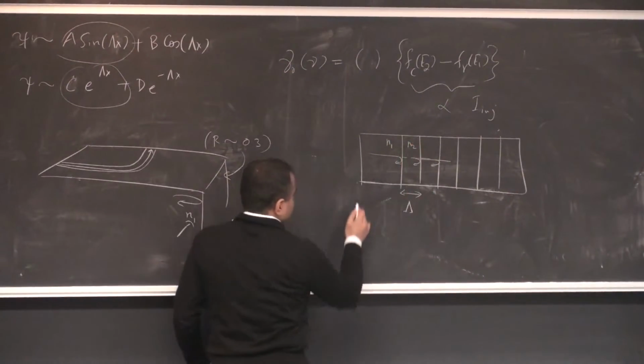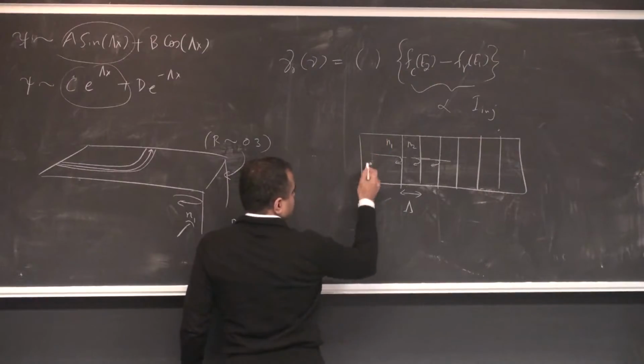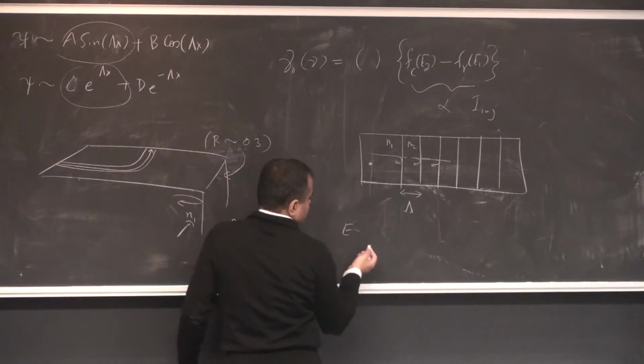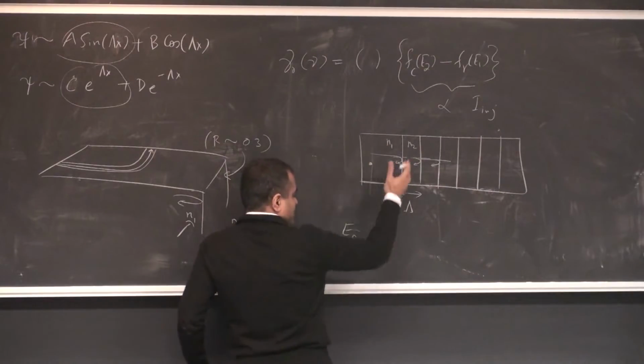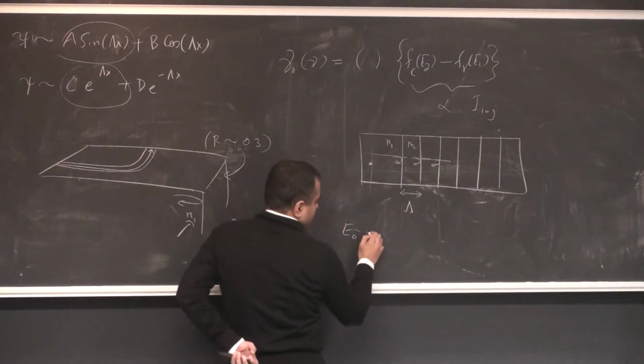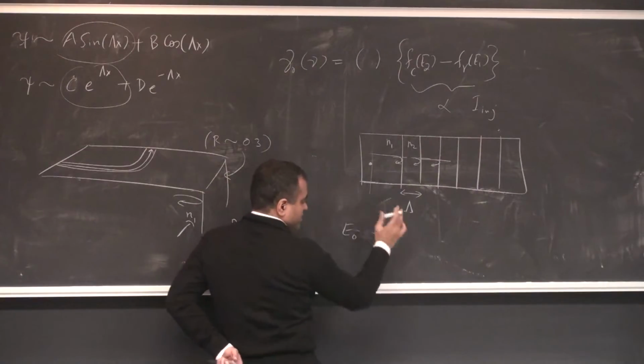If your period here is some spatial distance lambda, and your refractive indices N1 and N2, essentially you track the electric field formed here due to reflections. Let's say the incident electric field had an amplitude E0, and you add up all the amplitudes of electric field.